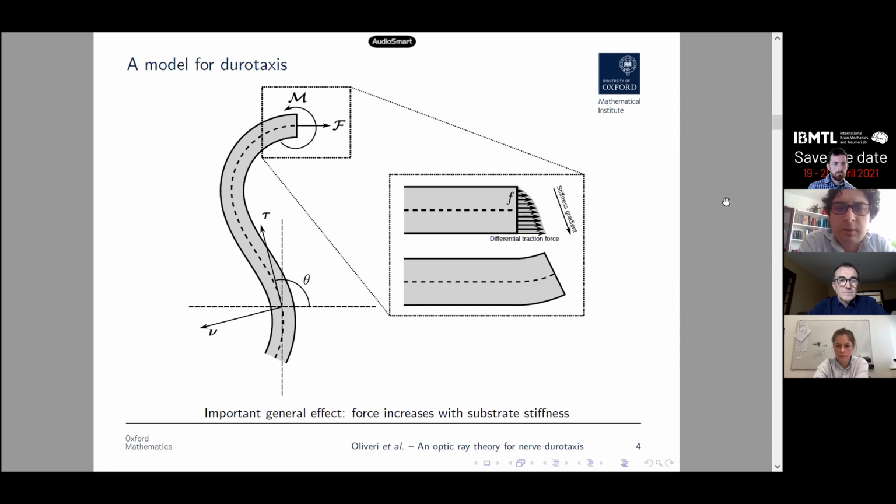This can be represented using a rod model, and the tip of the rod represents the front of the bundle made up of all the growth cones that pull with different force on the substrate. In particular, the important general effect is that the force increases with the local substrate rigidity.